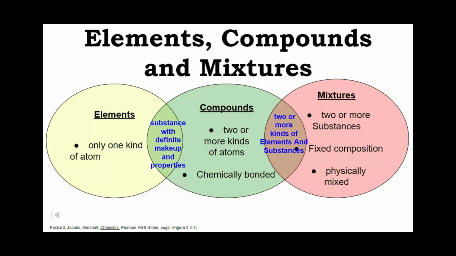For mixtures, you could say that there are two or more substances, that they have no fixed composition, and that they are physically mixed. Similarities between elements and compounds include that they are substances with definite makeups and definite properties. And the similarities between compounds and mixtures are that they are two or more kinds of elements and substances.